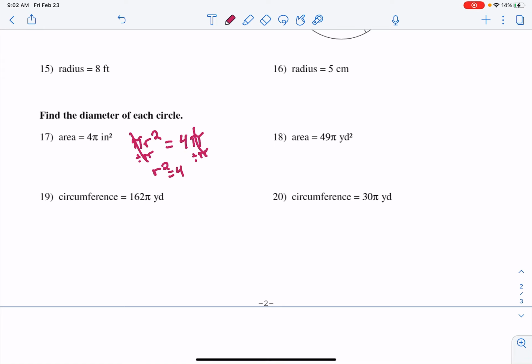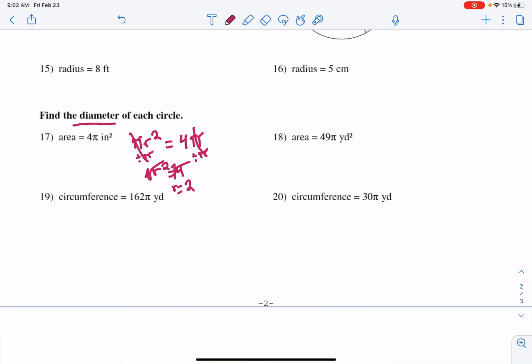Now, r squared is radius times itself. So we're asking ourselves what number times itself gives us 4. In other words, what is the square root of 4? Well, we know that 2 times itself gives us 4. So our radius is 2. Are we done? No, because they asked for the diameter.